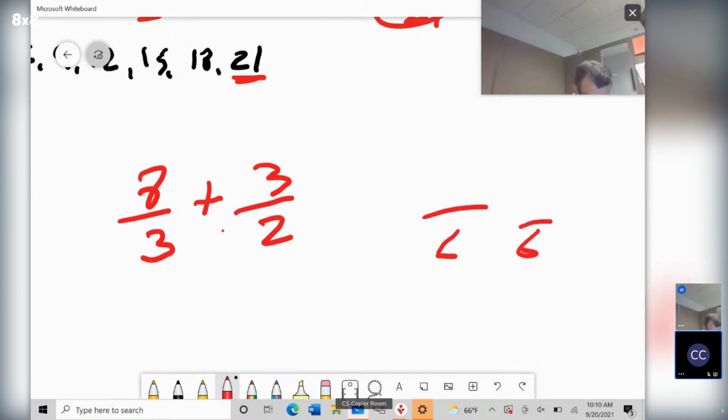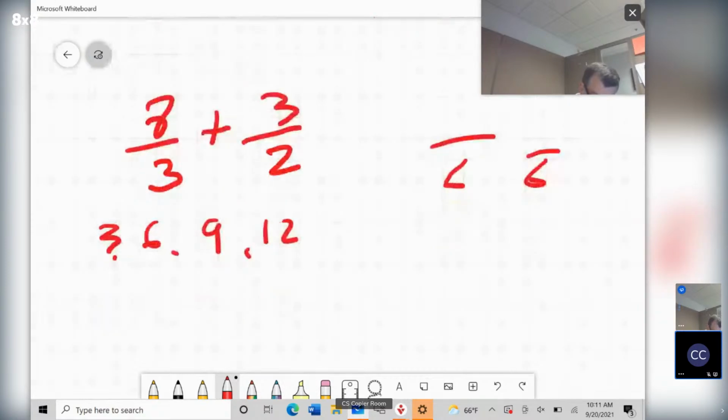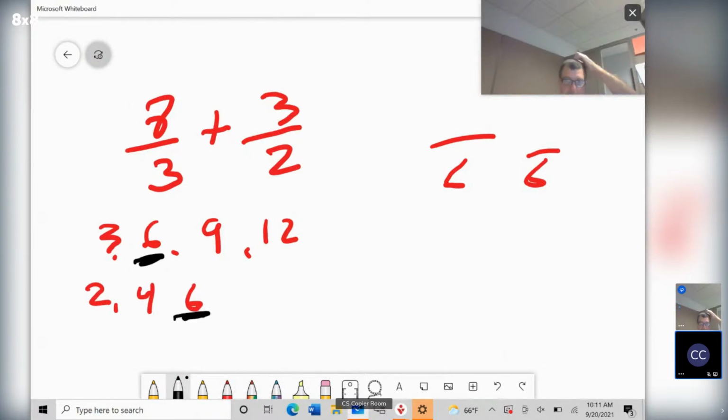And we get that by multiplying those two. Or if you just factored it out, you would see 3, 6, 9, 12. And then if we did the 2, 2, 4, 6. And we're going to see 6 is the least common multiple. So 6 is going to be our common denominator.